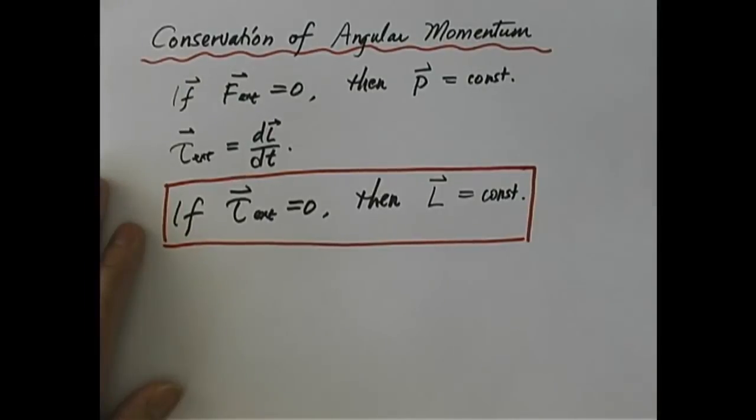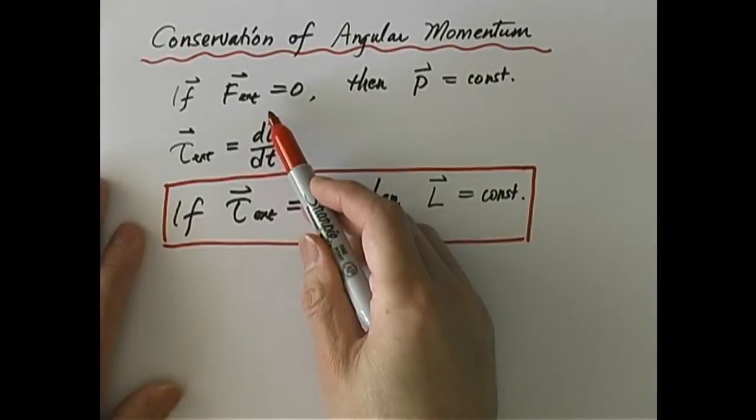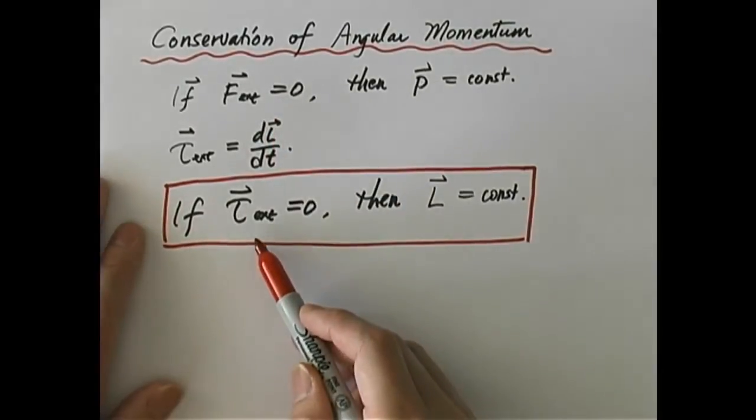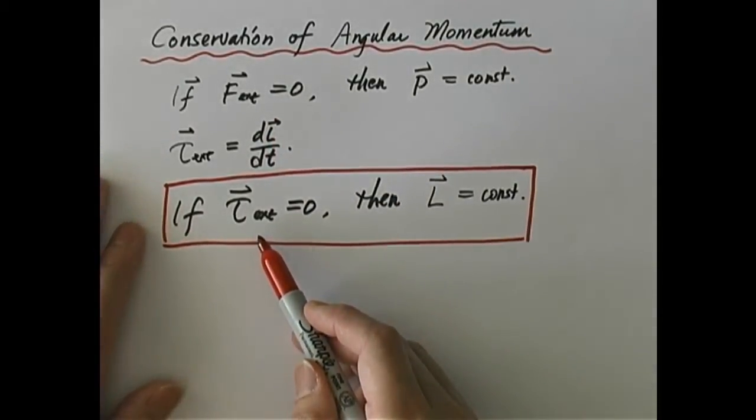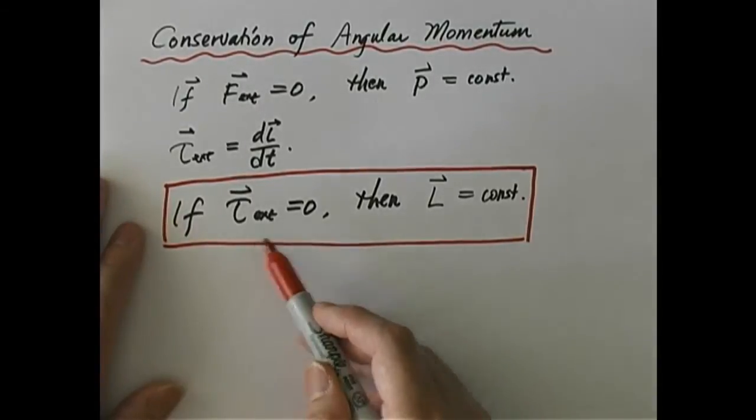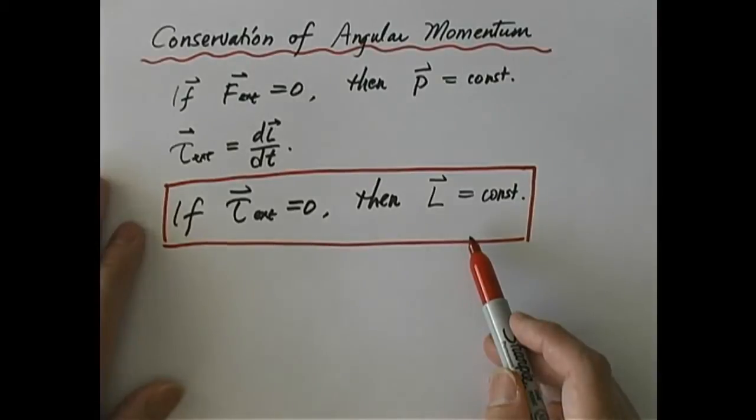So the torque is 0 for this particular observation point. So it is possible for us to look at a situation where the net force is not equal to 0 or even unknown, but the torque it provides is 0. And therefore, I don't even have to know what that force is. Because the torque is equal to 0, then I have conservation of angular momentum.